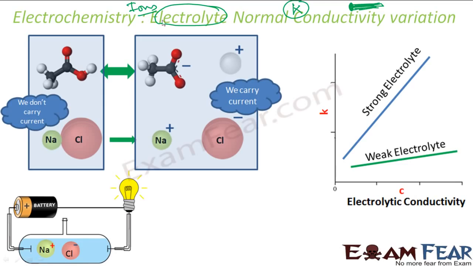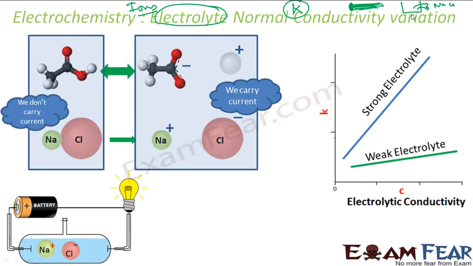Now if we increase the concentration of ions, obviously what will happen? If you increase the concentration of ions, the ion count per unit volume, then the conductivity increases. Right? Let's suppose I have 1 glass of water, you add 1 teaspoon of NaCl, you measure the conductivity.